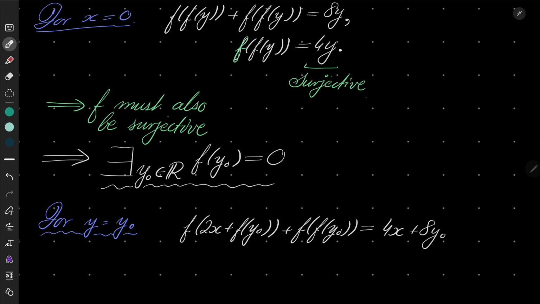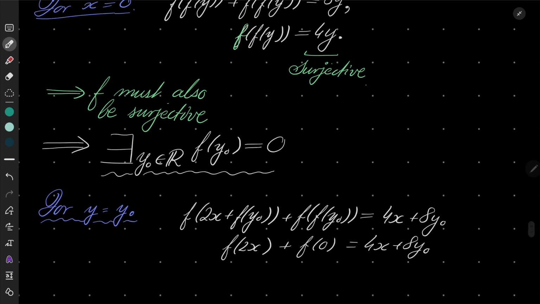Now let's see. f of y sub 0 is 0. So here we have f of 2x, plus 0, and here we have 4x plus 8 times y sub 0.